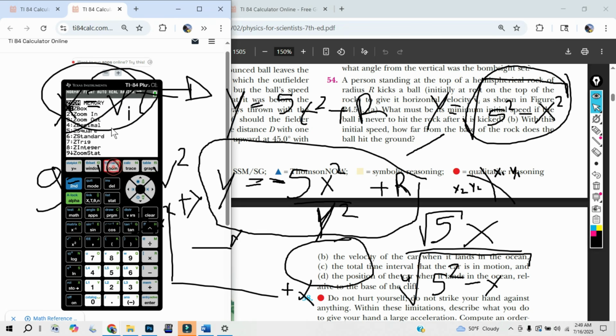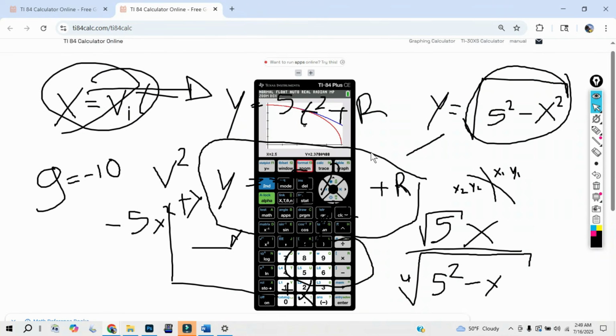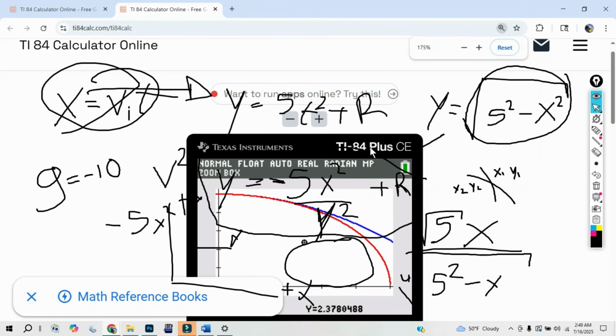And then we're going to zoom in, do a little zoom box, and hopefully we can see this. Let's bust this up, get it bigger, and then we're just going to trace it out.